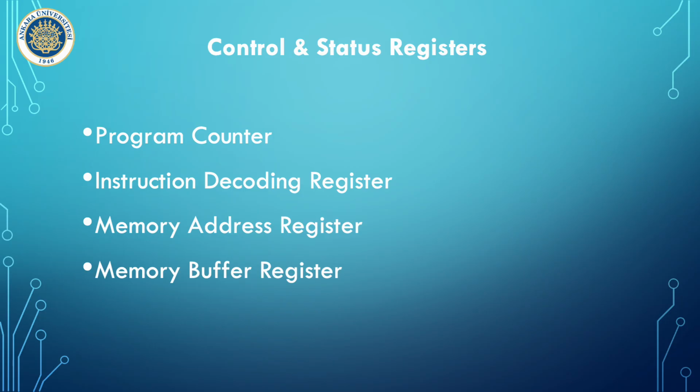And the other ones are the memory address register and memory buffer register. They act as a bridge between the CPU and memory during read and write operations. And these registers allow the control unit to manage the flow of instructions and data through the system.